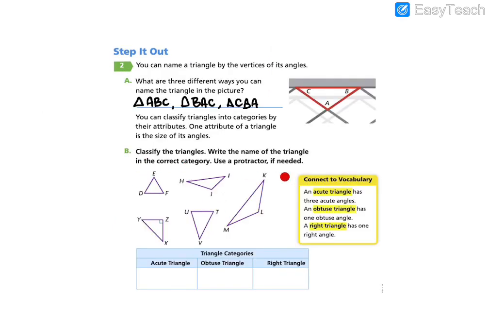So let's take a look at our triangles here. Right away, go ahead and put a star next to a triangle that looks like it has 1 angle that is not acute. Right away I found these 3 triangles.